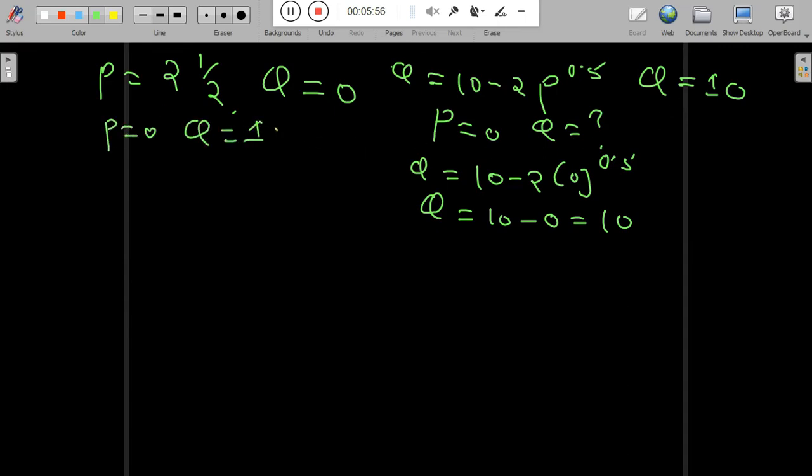When the price is equal to 0, our quantity is equal to 10. And when q is equal to 0, the price is 2 1/2. Our q1 was 6 and the price 1 was 4. The q2 was 8 and the p2 was 1.